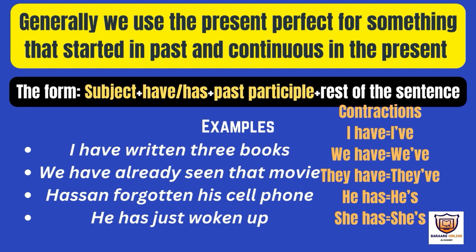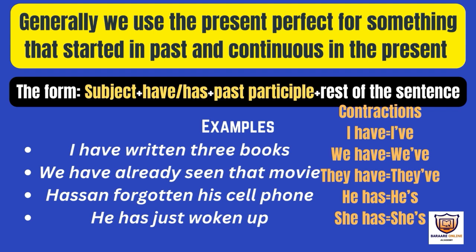So we start with subject plus have, if we have pronouns like I, we, you, they, or a plural noun. Or we can use has if we have a singular noun or the singular pronouns like she, he, it.